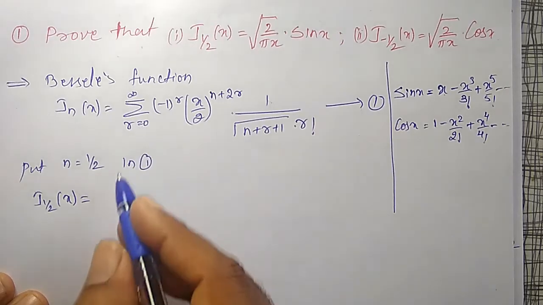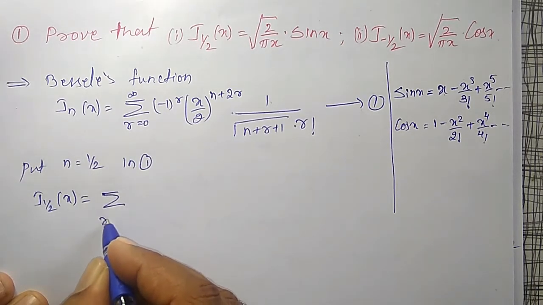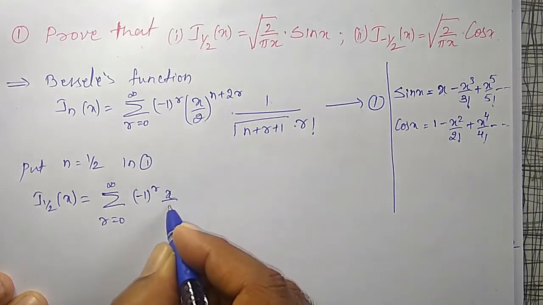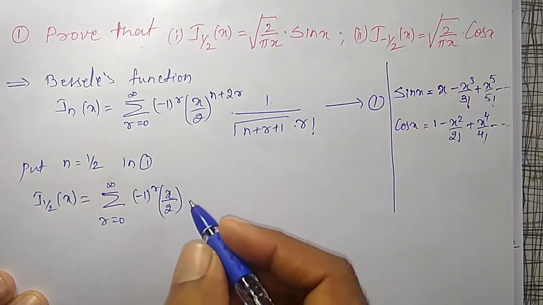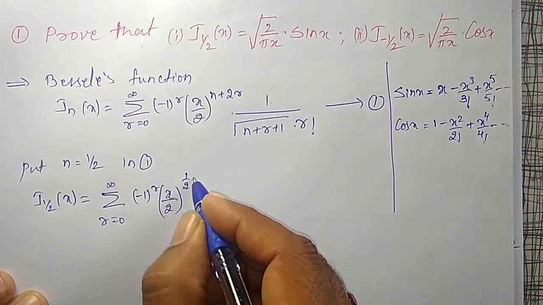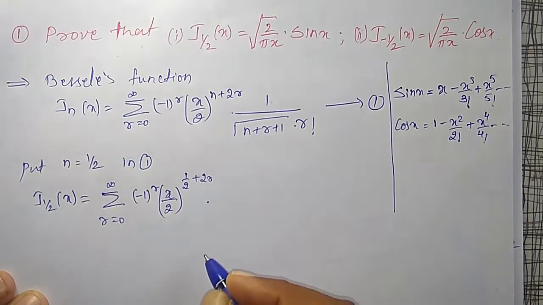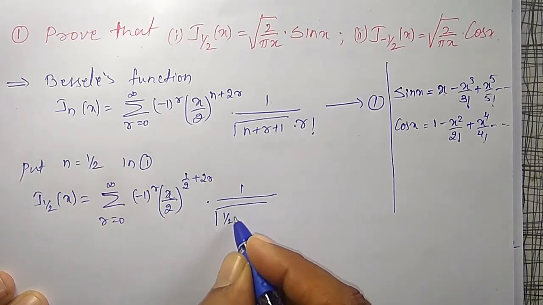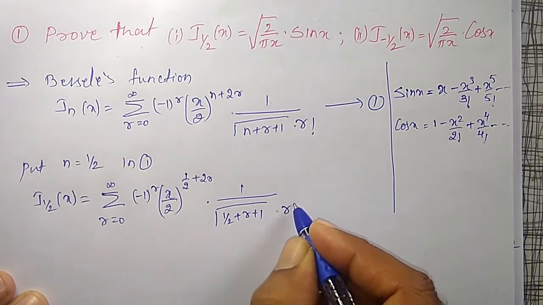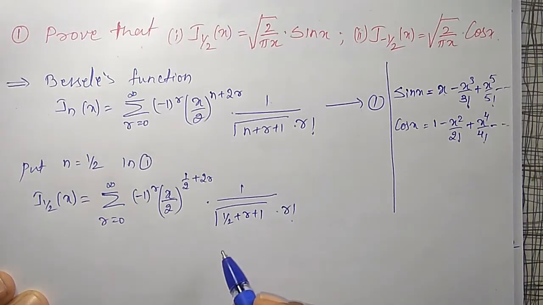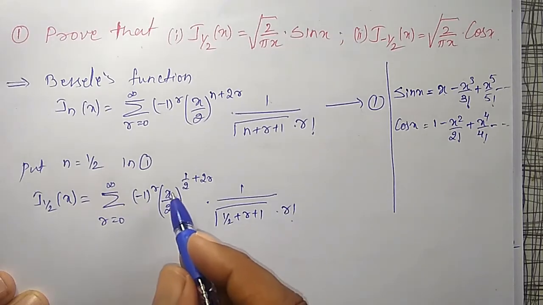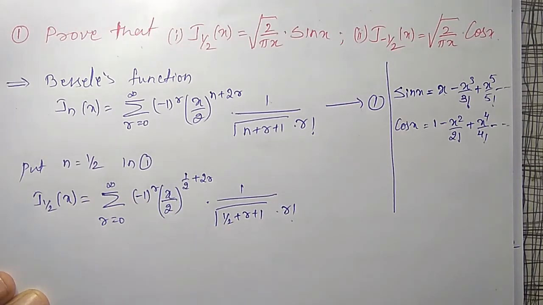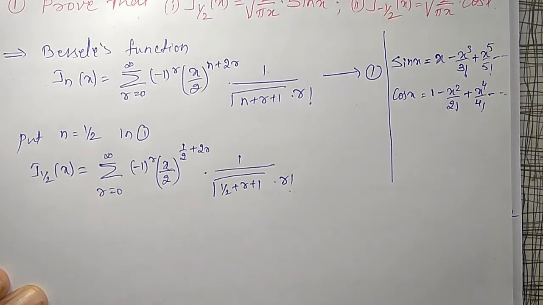Therefore, J half of x is equal to summation r equal to 0 to infinity, minus 1 to the power r, x by 2 to the power 1 by 2 plus 2r, into 1 divided by gamma function of 1 by 2 plus r plus 1 into r factorial. Therefore, simplifying this and separating x raised to 1 by 2, I will take the summation outside because r is varying here.